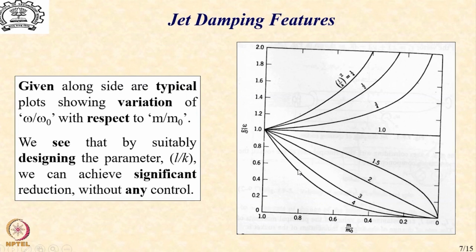Of course, you would also realize that the value of L by K directly has an impact on the overall configuration design of the launch vehicle, and typically this fact is included in the overall design process while looking at the freezing of the configuration of the rocket.